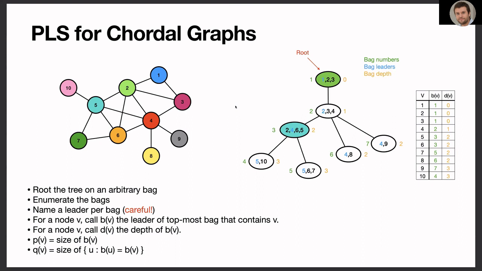This can be done because, knowing 5, it will know the size of the bag, and it will be able to see all the vertices in this path.